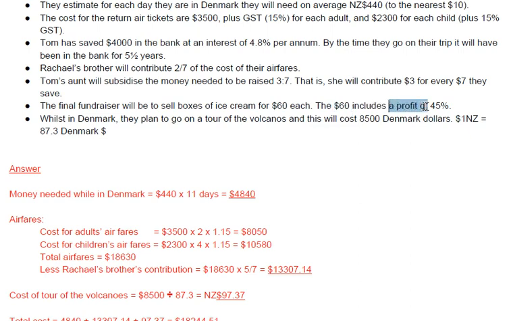If you don't understand that, because I know it does sound a bit confusing, if we're looking at something that looks like it's future tense or final, then you've got to divide by 1.45. Alright, so that's what we're going to do. 60 divided by 1.45.